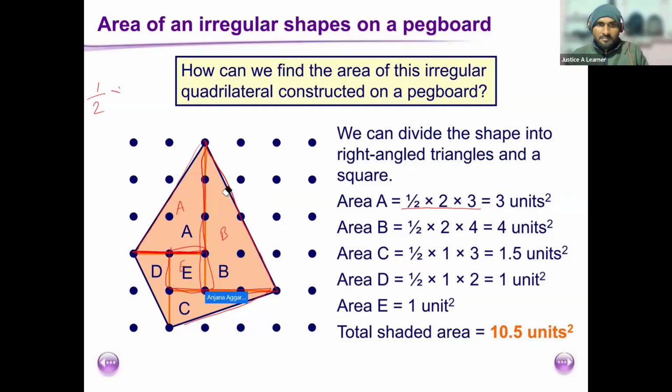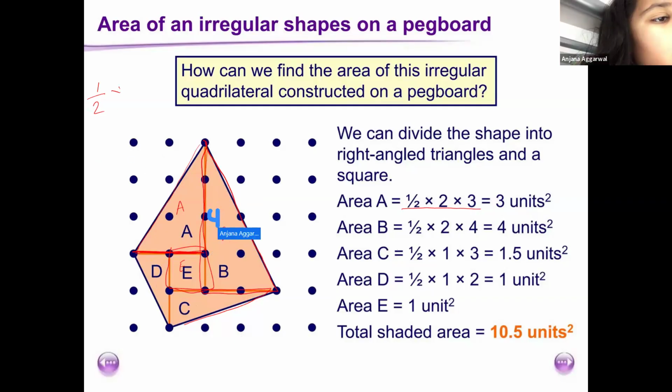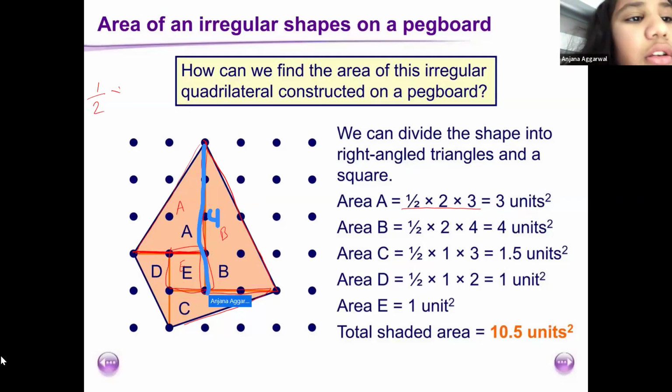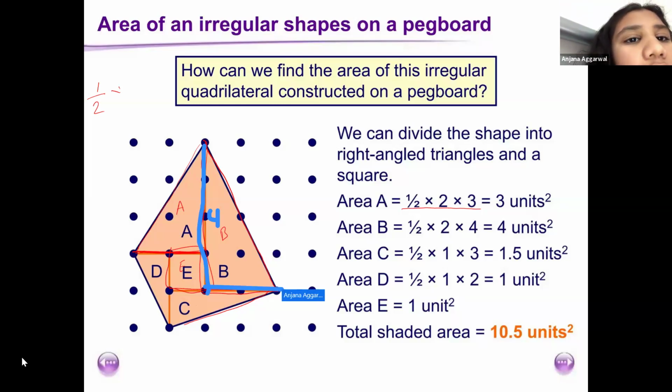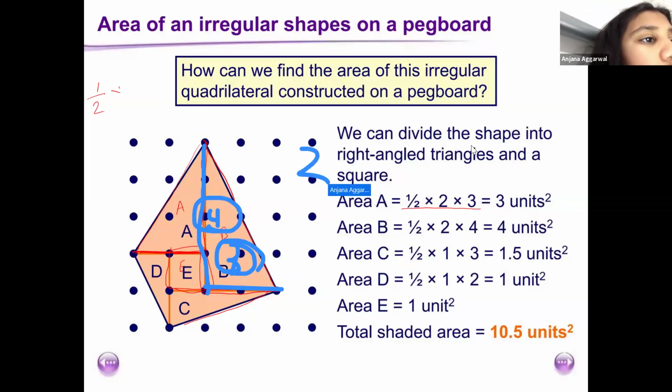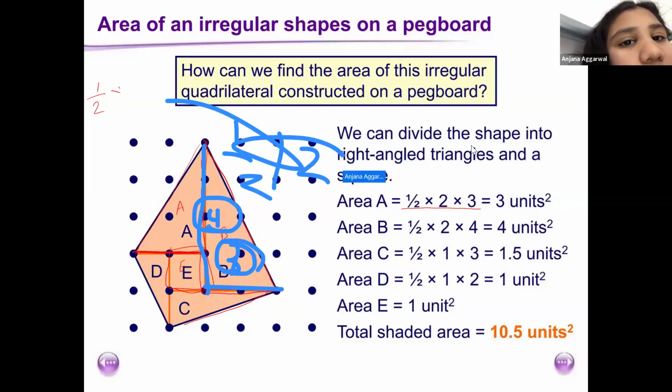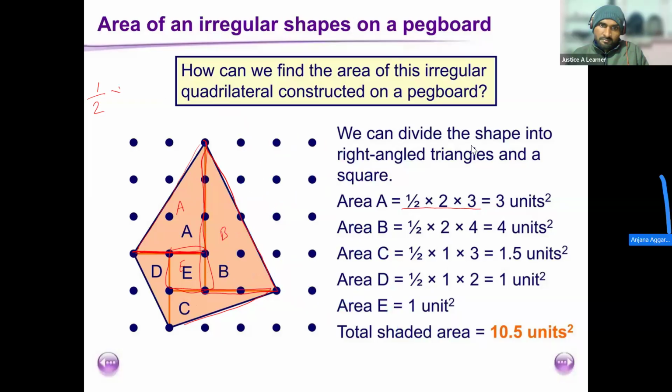So the height is 4, and the base is 1, 2. That means the base is 3. So 3 times 4 is 12, and half of it is 6. Triangle B.